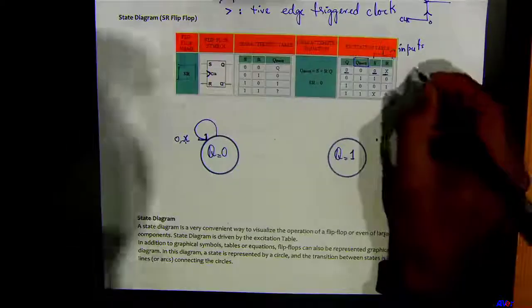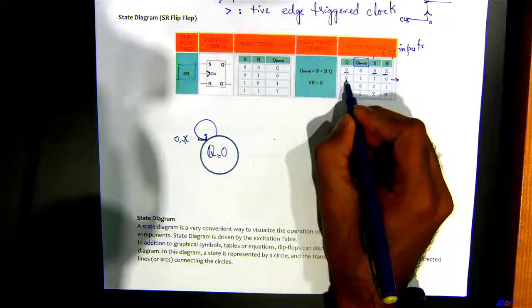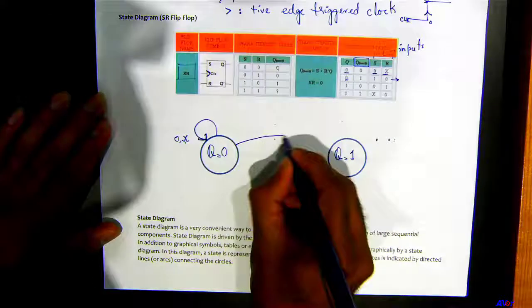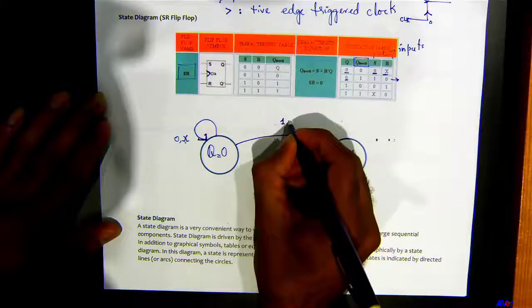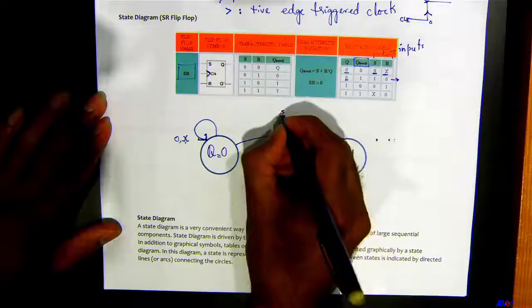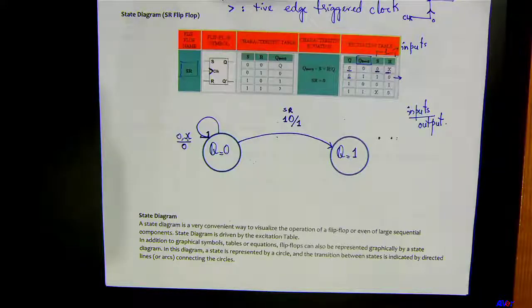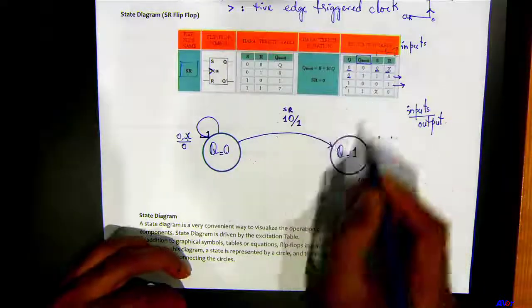Now moving on to this right here. The present state is 0. It will move to state 1 when S and R are 1, 0. This is S, this is R. Now moving on to this right here. The present state is 1, so we are over here.